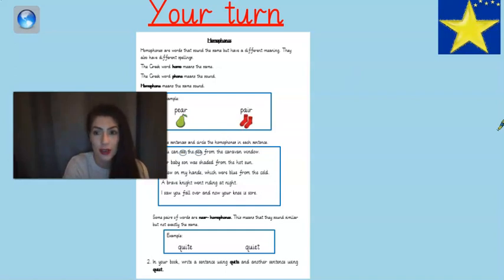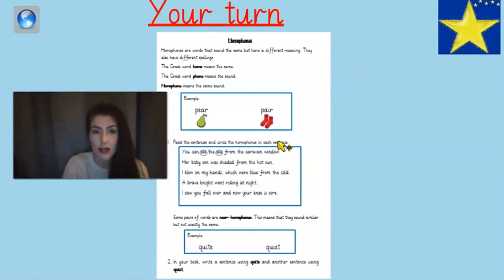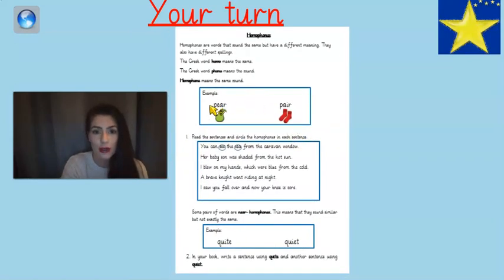It's your turn for your activity. And this is what I want you to do. So this is just my example. We've talked about that already. What I want you to do in this activity here is read the sentence out loud and read it to a grown-up if you can, and circle the homophones in each sentence.